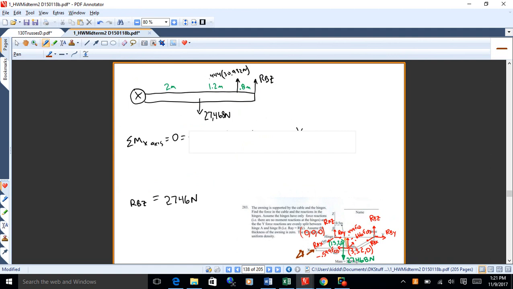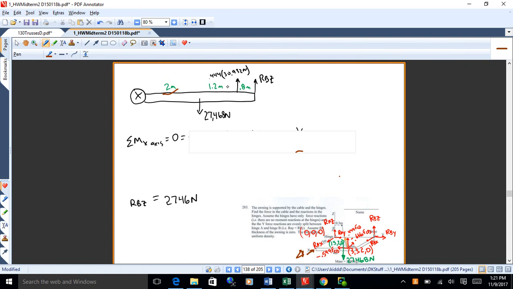So what I would have then would be the weight in the middle of the slab. It's extending out in the y direction. It's 4 meters wide, so I've got 2 meters there to the weight. And then an additional 1.2 meters to the cable. Okay, and those dimensions are shown on the sketch.